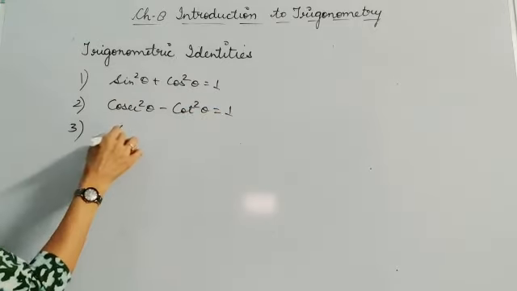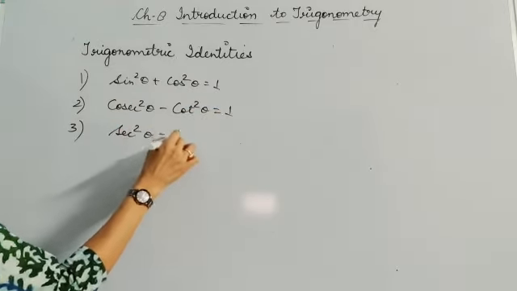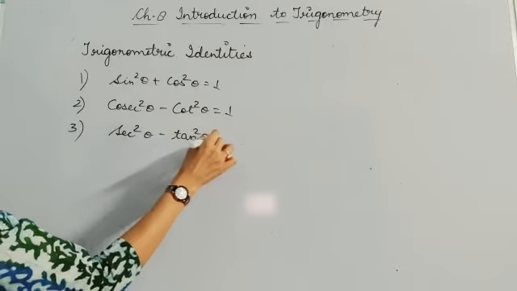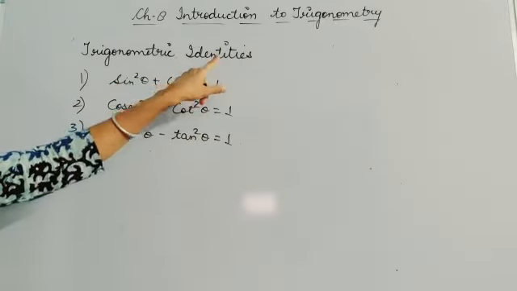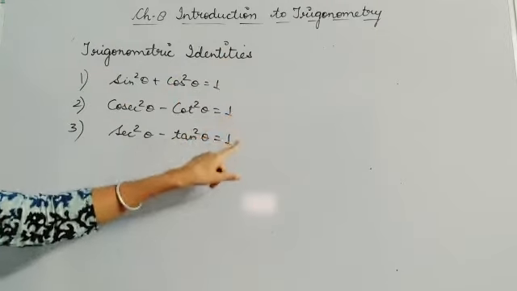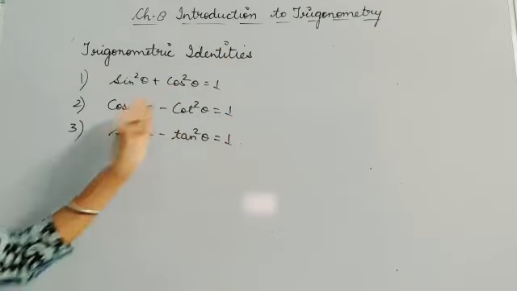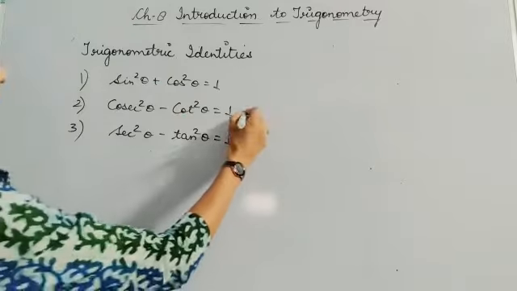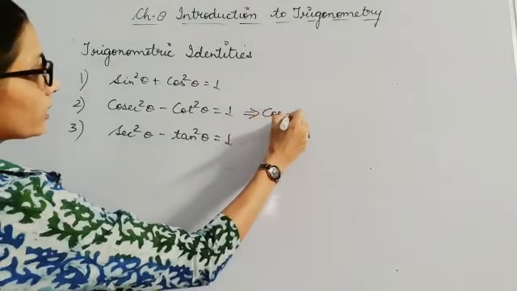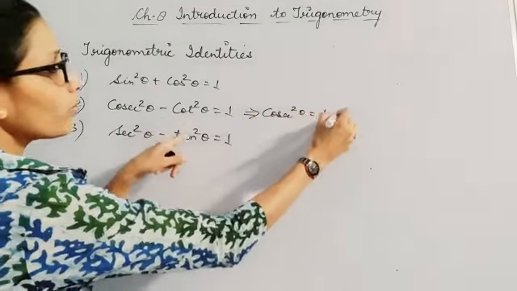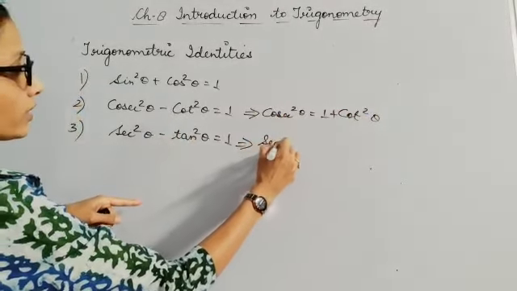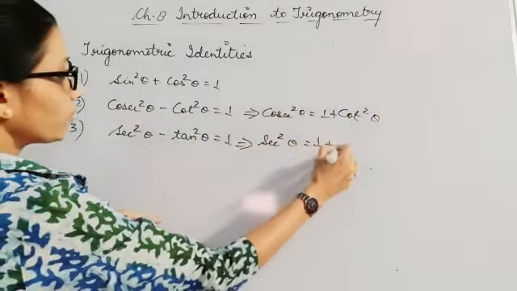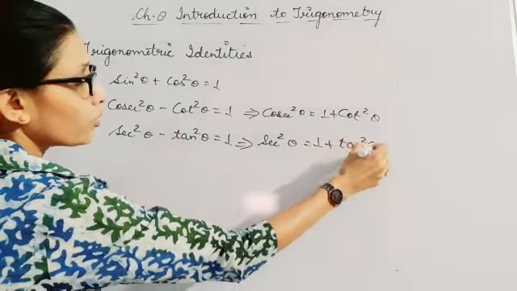Third is sec square theta minus tan square theta equal to 1. Since these are identities, that's why I have written them in equal to 1 form. You can write in other forms also. You can write it as cosec square theta equal to 1 plus cot square theta. You can write this as sec square theta equal to 1 plus tan square theta also.